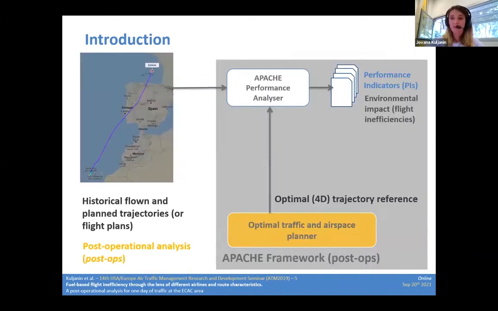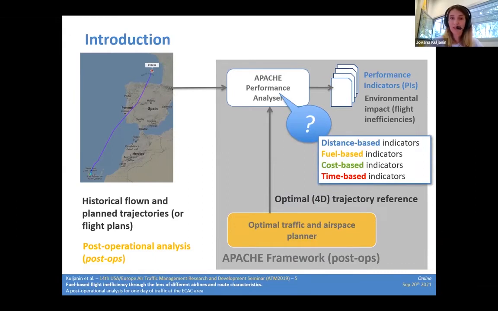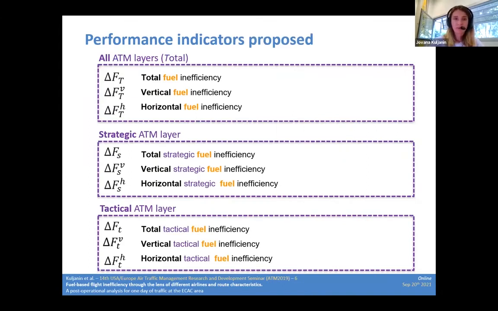So once we have set the constraints and obtained these optimal trajectories, we can start feeding our APACHE analyzer, which can provide us with four families of performance-based indicators. Namely, they are distance-based, fuel-based, cost-based, and time-based indicators. However, for the purpose of our analysis, we will focus only on the fuel-based indicators. So these slides provide 9 performance indicators from the family of fuel-based indicators, which will be used in this presentation.